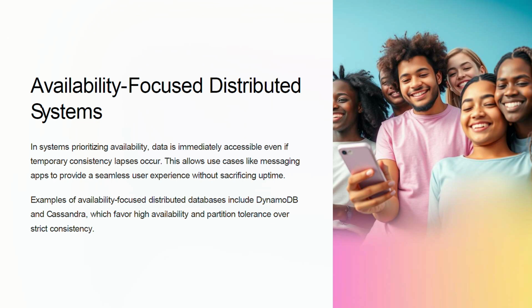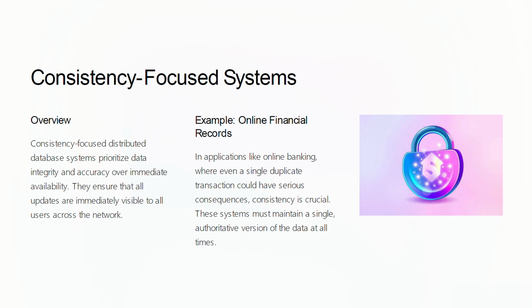Consistency-focused systems. On the other hand, consistency-focused systems prioritize strict data accuracy over immediate availability. One example of a consistency-focused system is Google Spanner, which is used in environments where data inconsistency is critical, such as financial records or e-commerce checkout systems. In these cases, even minor discrepancies in data could lead to significant errors, such as duplicate payments or inconsistent account balances.